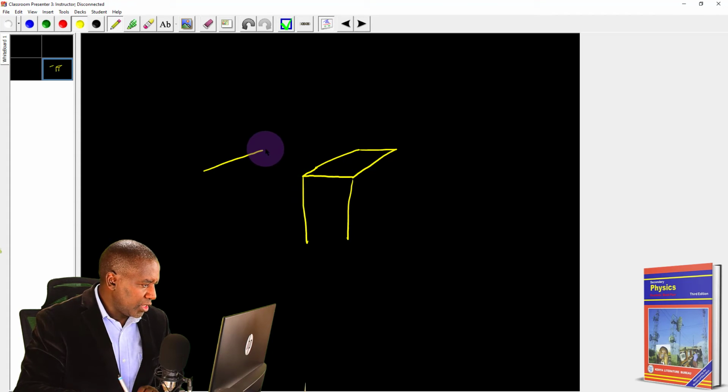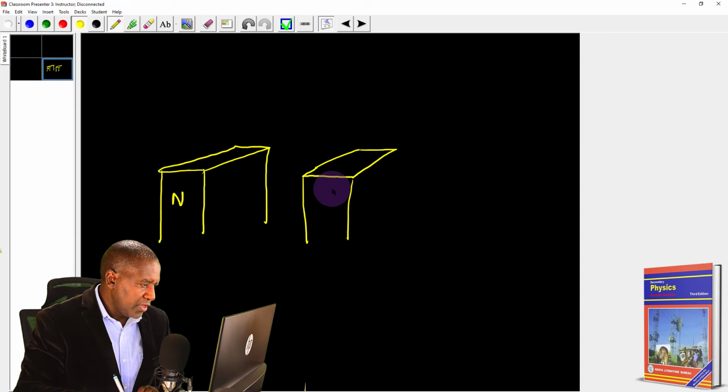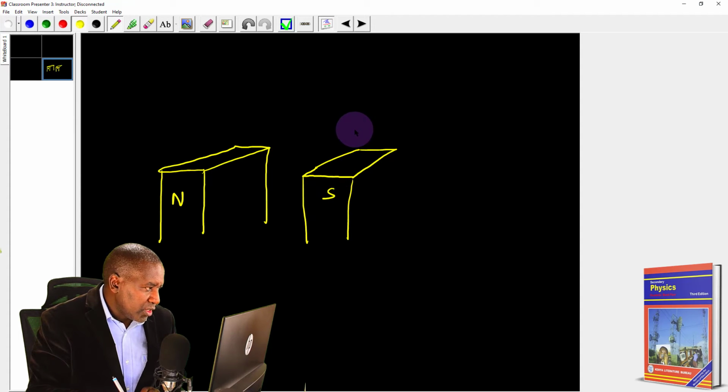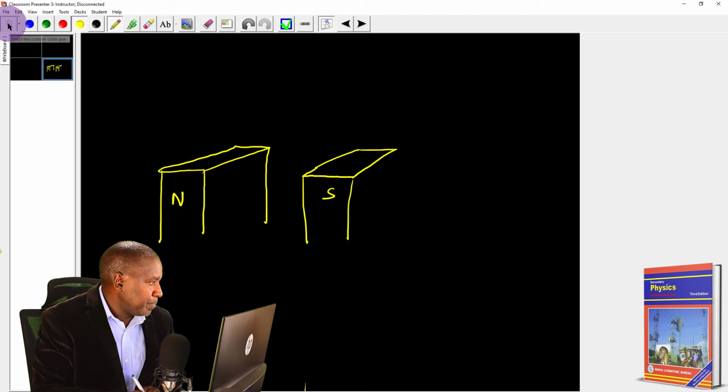The other pole is here. I'm going to draw it in 3 dimensions so that you'll be able to see when I'm talking about the length of the conductor within the magnetic field. So this is what is going to happen.